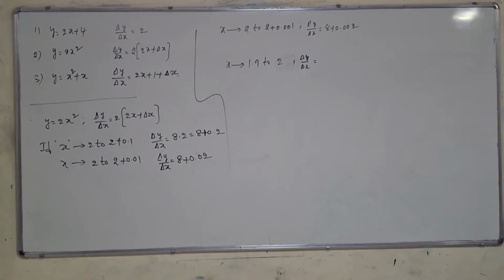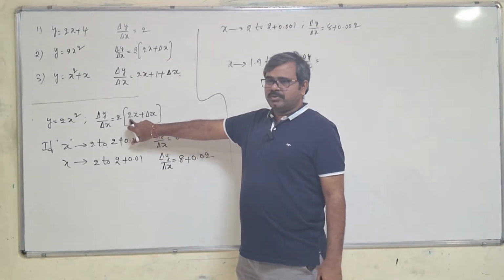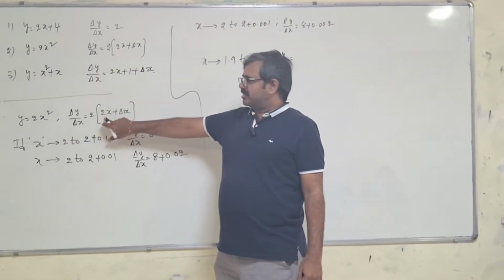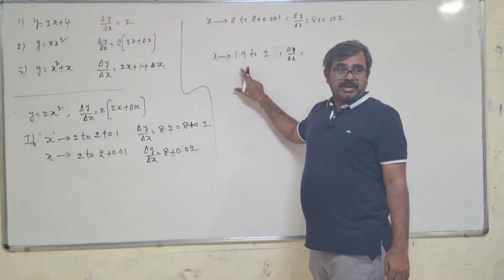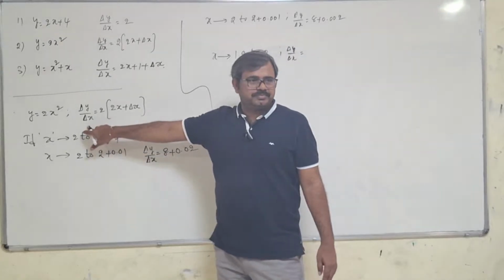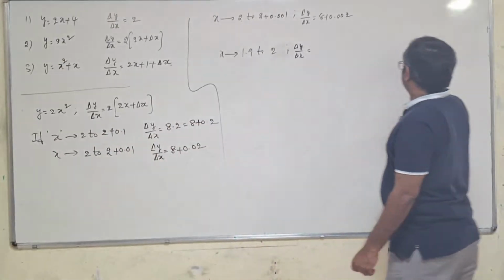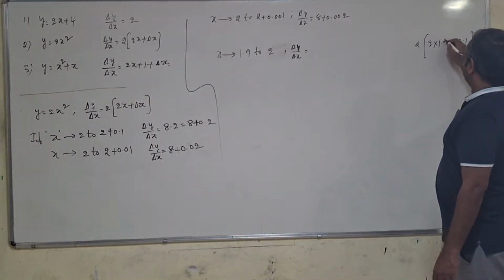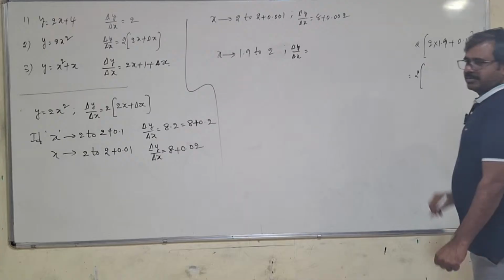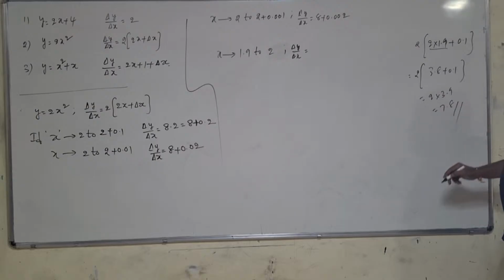X is equal to how much? 1.9, 1.9 into 2? 3.8, 3.8 plus delta x. Delta x is 0.1, so 3.9. 3.9 into 2? 7.8. You are very poor in calculations. 2 into 3.8 plus 0.1, 2 into 3.9. So what do you get? 7.8.